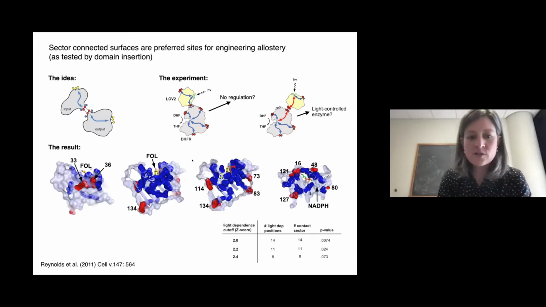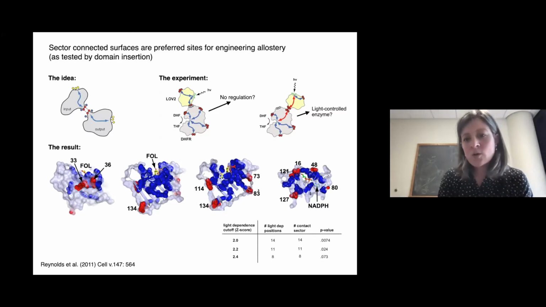Okay, and here was the result of this domain insertion study. I went through and inserted LOV2 at 72 positions on the surface of dihydrofolate reductase. The red positions are the sites where we actually got light-based control of DHFR, and you can see that these places nicely coincide with these sector-connected edges on the surface of the protein.